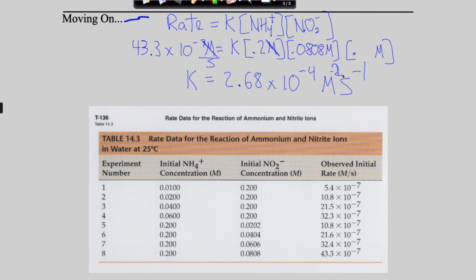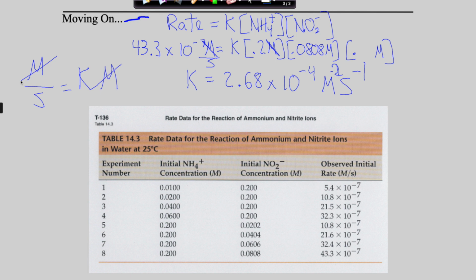Yeah? So if it was just one atom or molecule decomposing into 2 molecules, would it be molarity over seconds? So you'd have molarity over seconds is equal to K times molarity. No, the units would just be inverse seconds.